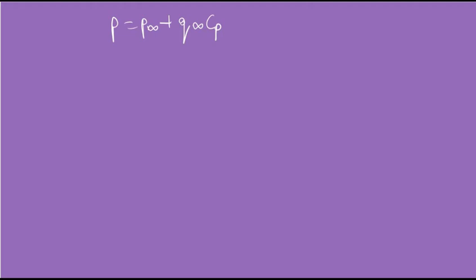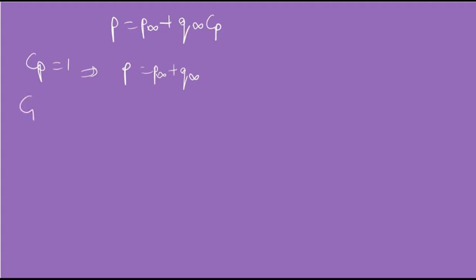So for example, if I say Cp is equal to 1, then how would the equation turn out? It would be P equals P infinity plus Q infinity, or the local pressure is 1 times the dynamic pressure above the free stream static pressure, correct?